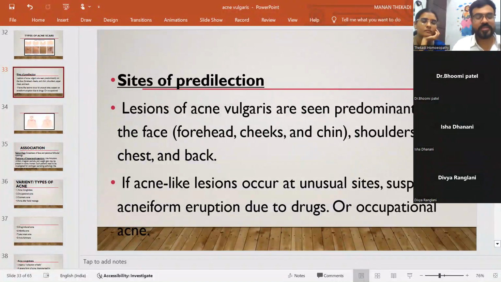Okay sir, thank you. So even this medicine works in tinnitus. It also helps in tinnitus.